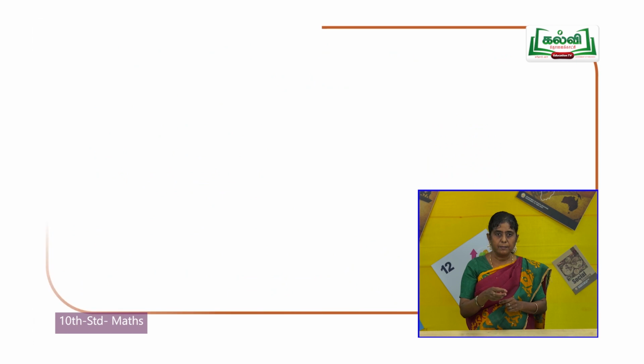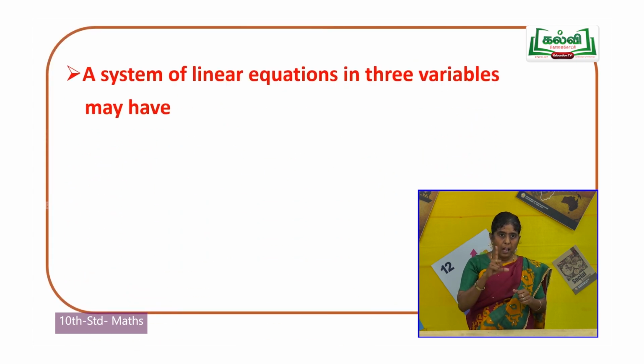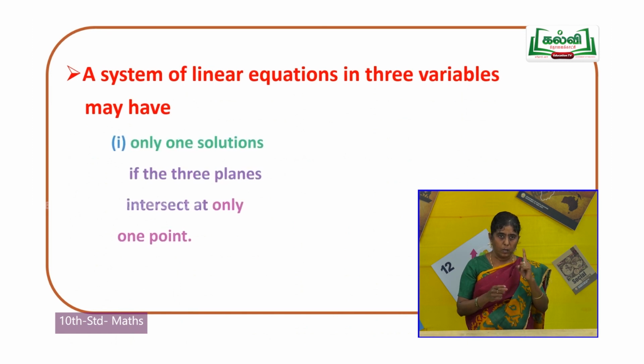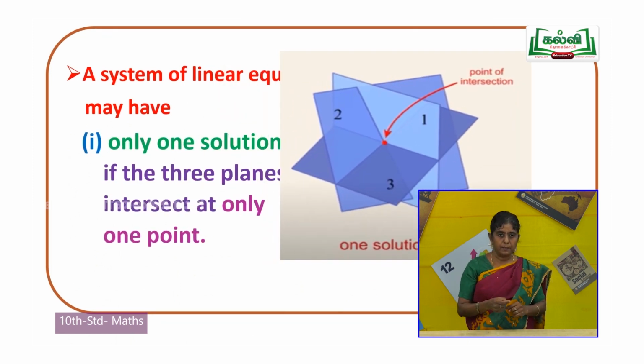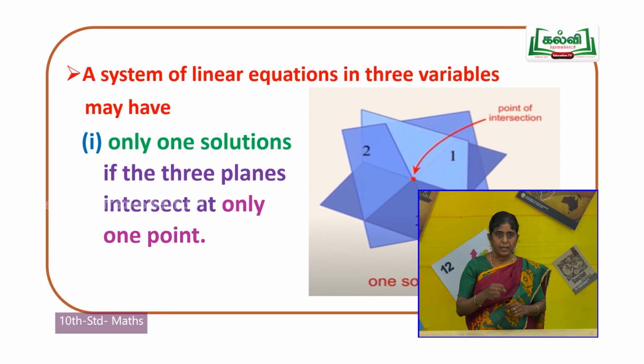Now let's see. A system of linear equations in three variables may have only one solution if the three planes intersect at only one point. So if a system of three linear equations is given in three variables, all three equations represent three planes.